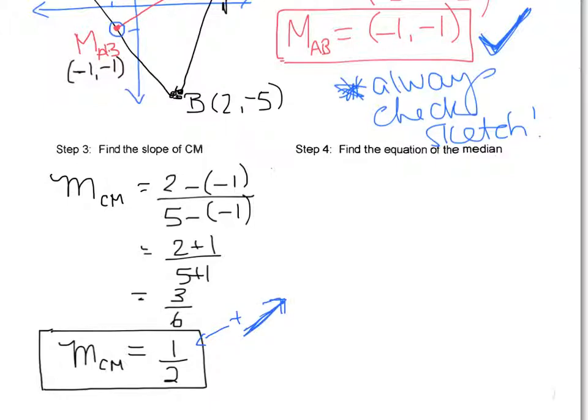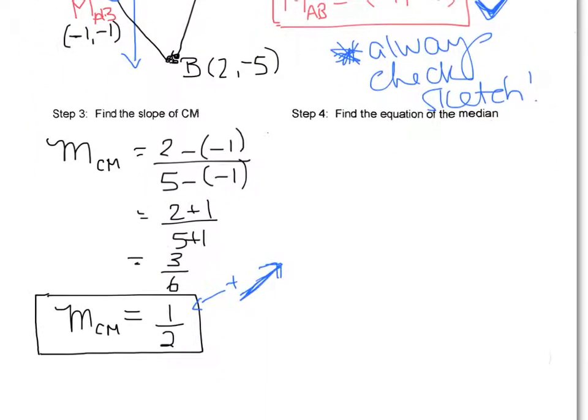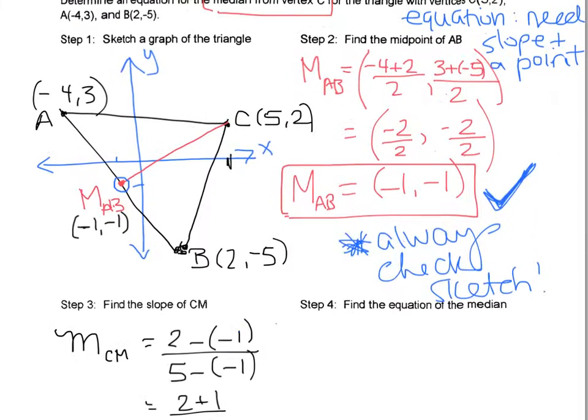So when you look back at your diagram, the line segment CM or MC does slant up and to the right. So that's a good start. More specifically, the slope of 1 over 2 means the line should go up 1 and over 2 to the right. So we have to look at our line and see if that's what it's doing on our graph.